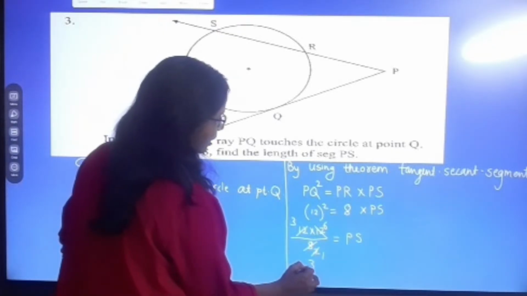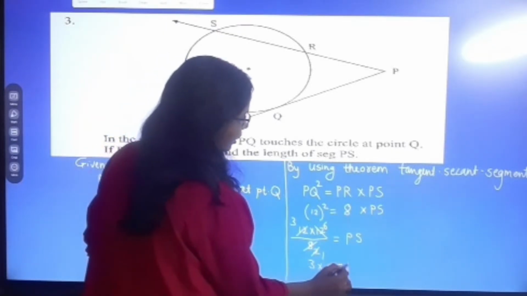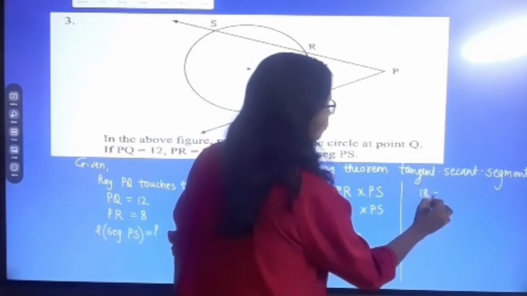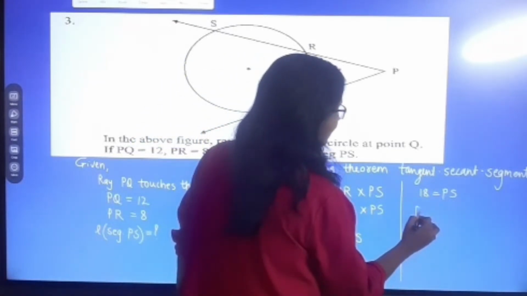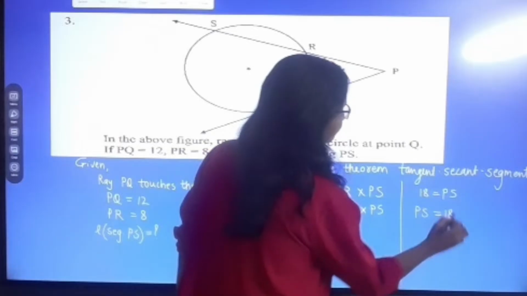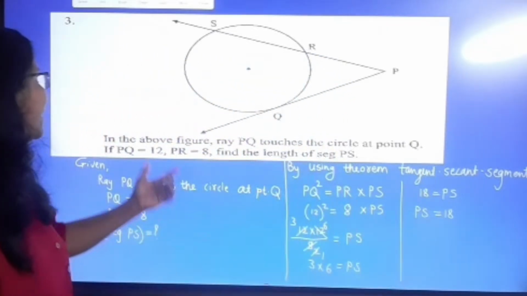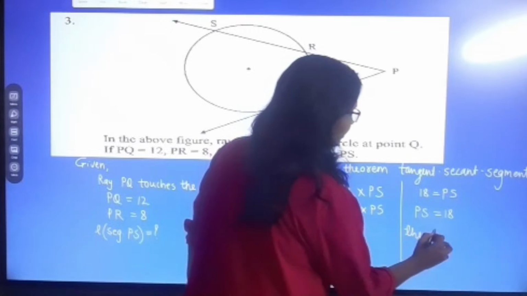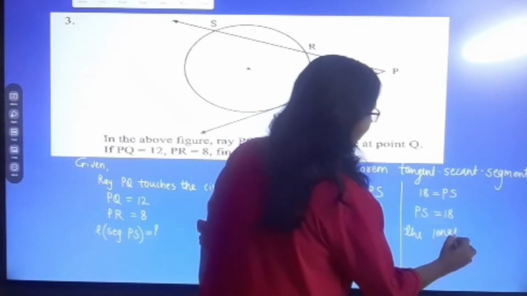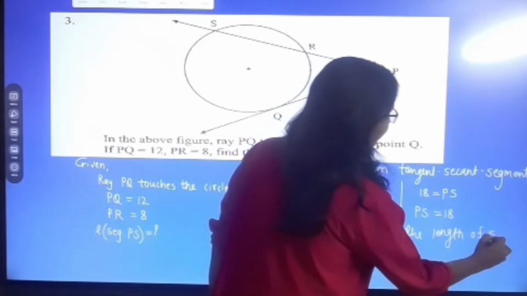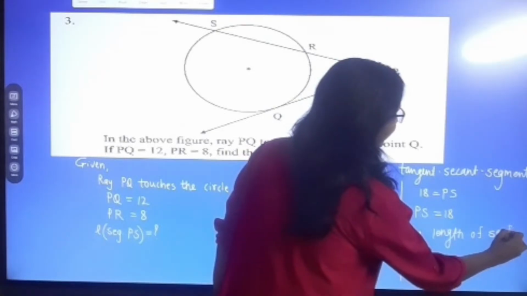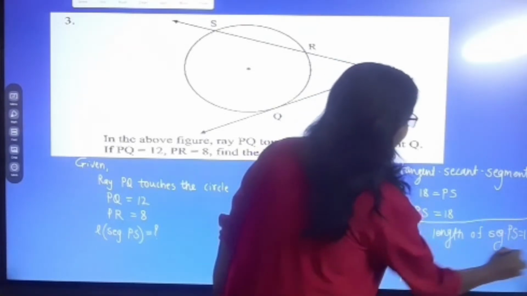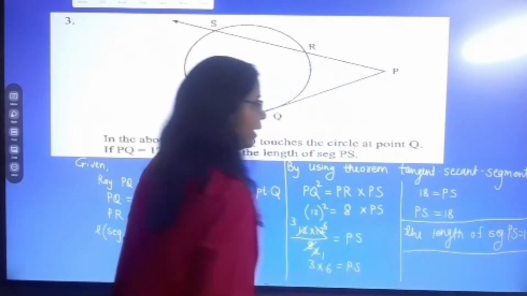So here 3 multiply 6 is equal to PS, and here, students, 18 is equal to PS, that means PS is equal to 18. Okay student, then I write down: the length of segment PS is equal to 18. This is our final answer.